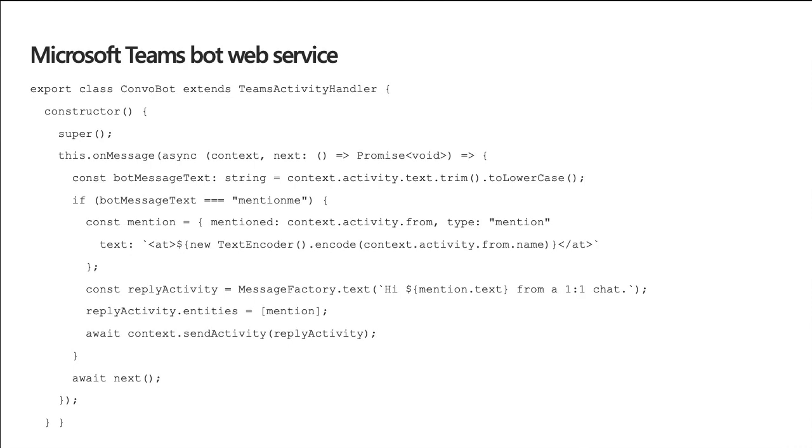So here what we're doing is we're going to get the text from the activity, and I'm going to check what the activity text was. In this case, we check to see that it has the text mention me listed there. And then what I'm simply going to do is respond by sending an activity back to the context. And then finally, I'm going to call the next callback method that was passed in.